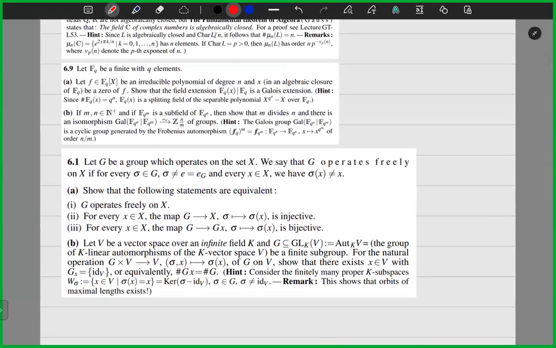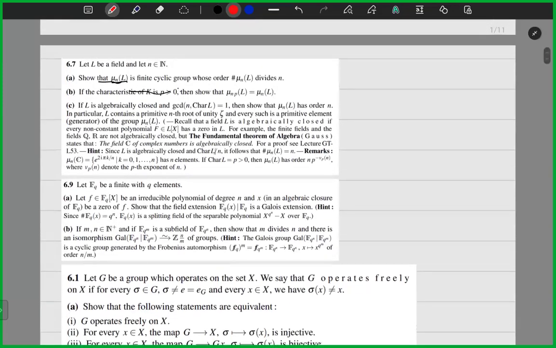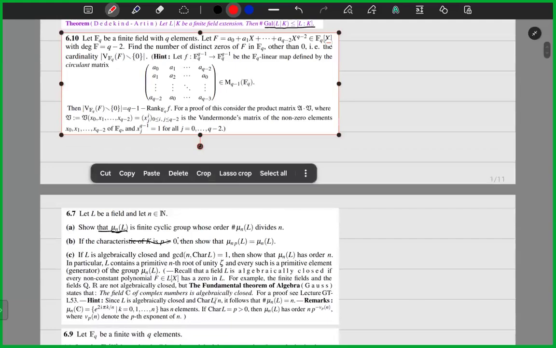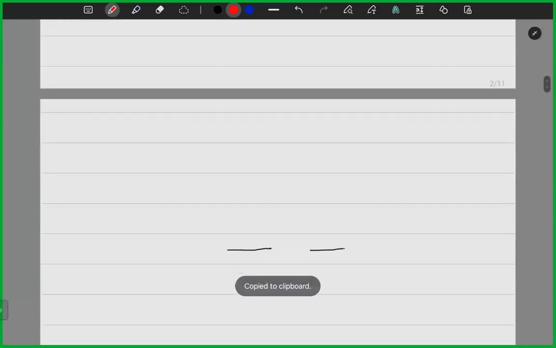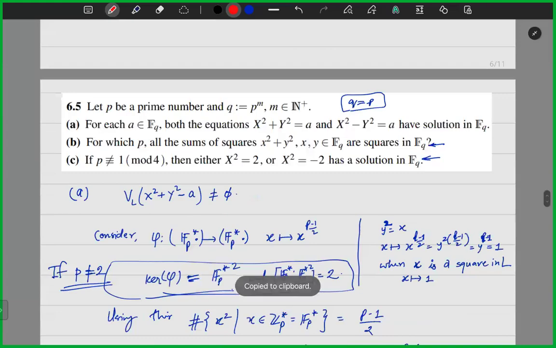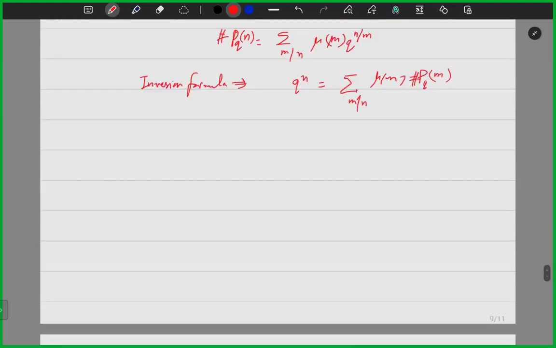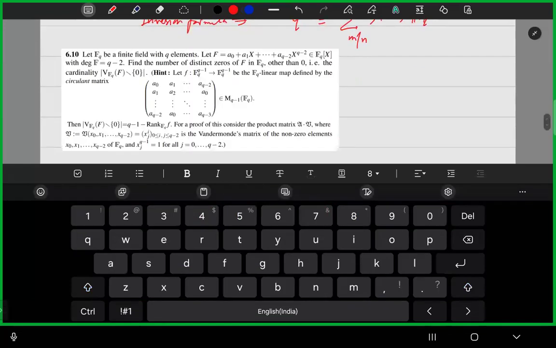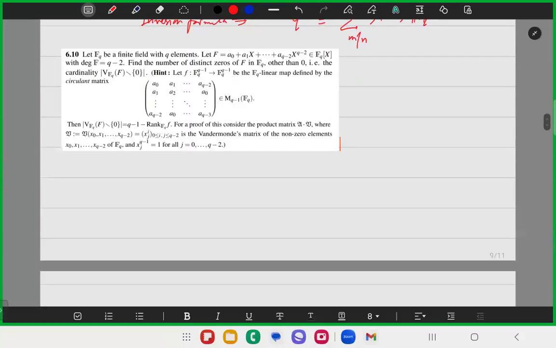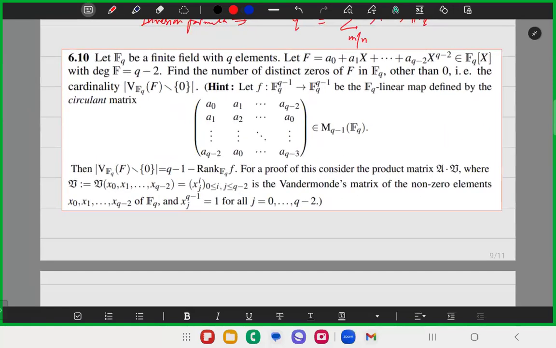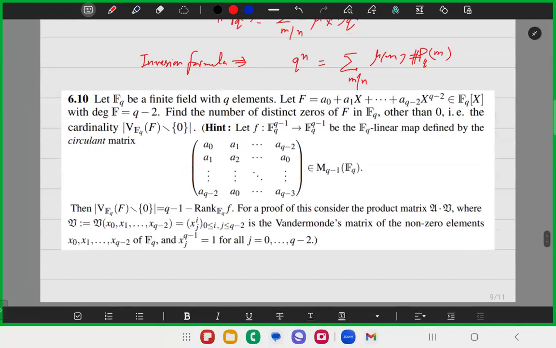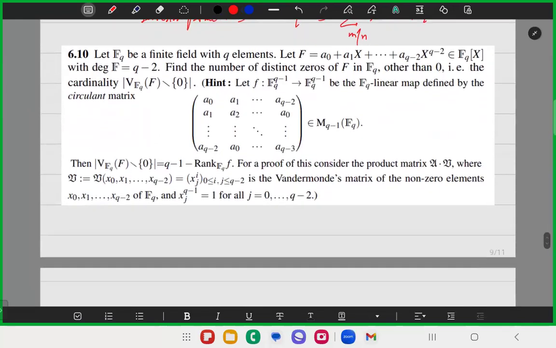Not this one. Now 6.10. Let's see how to solve this 6.10.